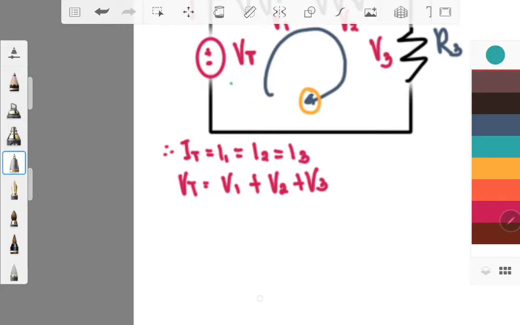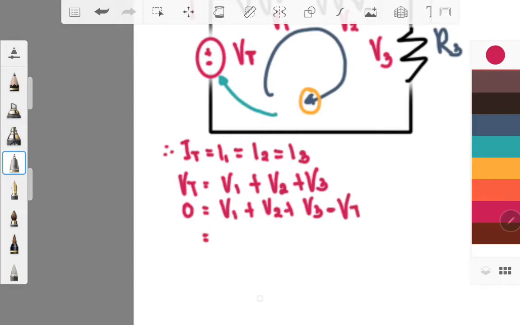Negative VT. Yan. So, negative VT, pag gusto nyo makita talaga equation, you have your 0 is equal to your V1 plus V2, pumasok sa positive ng V2, plus sa positive ng V3, minus negative VT.